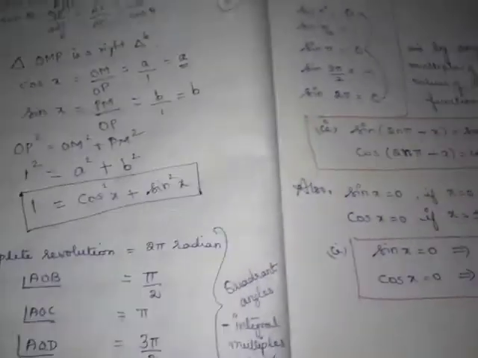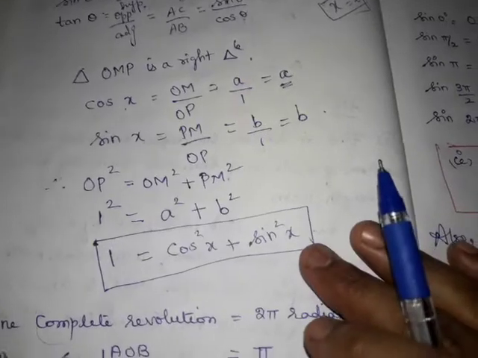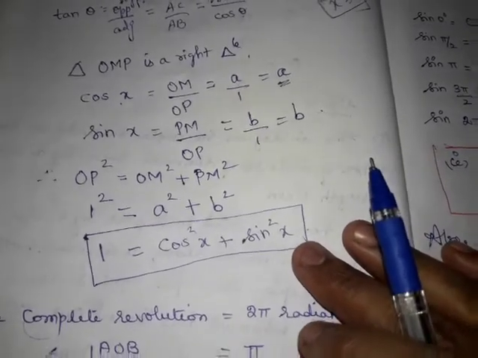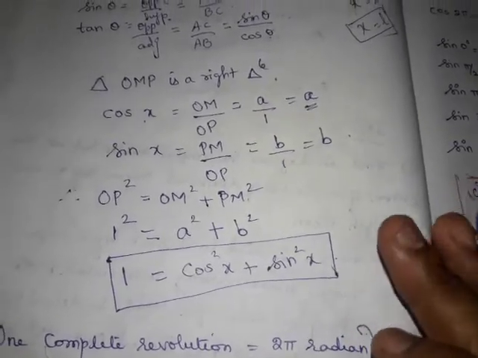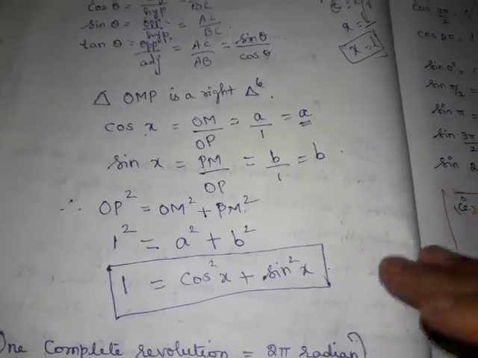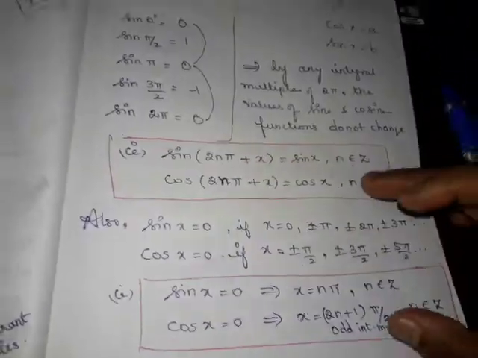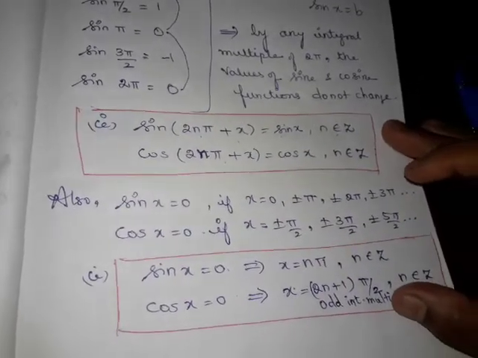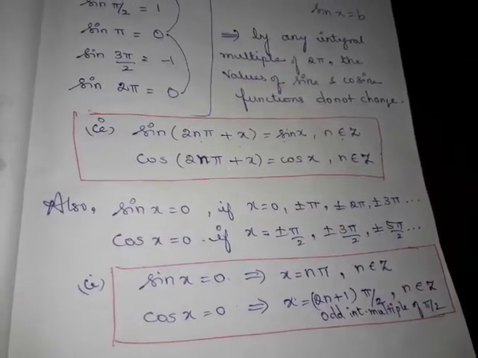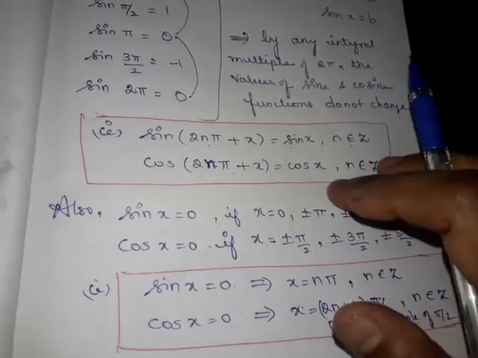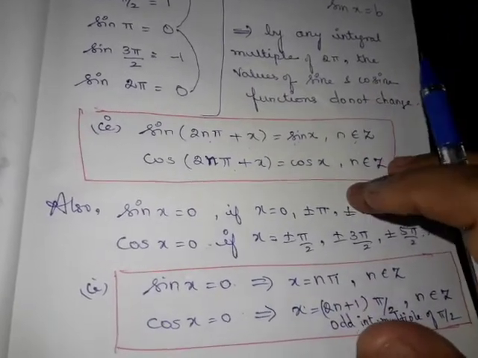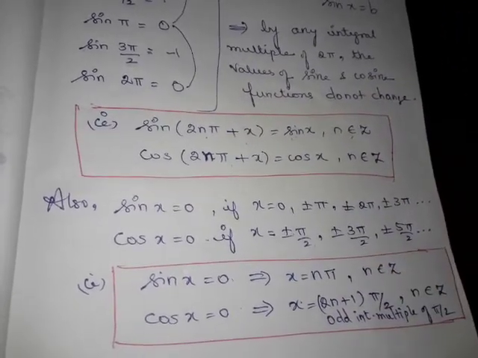And so far what we learned: first and important, the identity cos square x plus sin square x equals 1, and we learned how we got this identity. Then we learned two important inferences. One is, during integral multiples of 2 pi, the sine function and the cosine function do not change in their values.